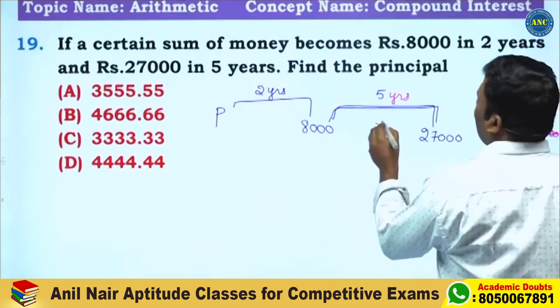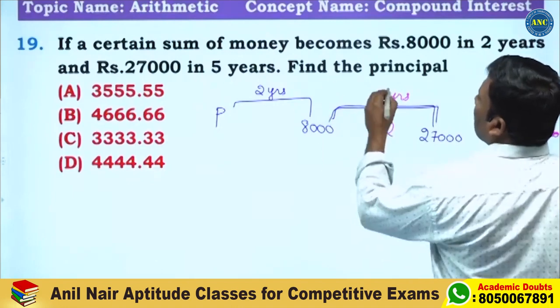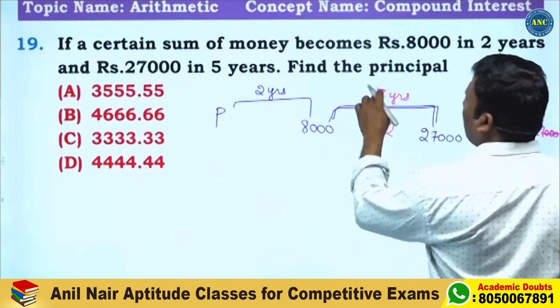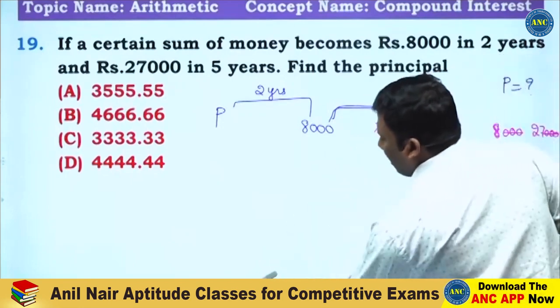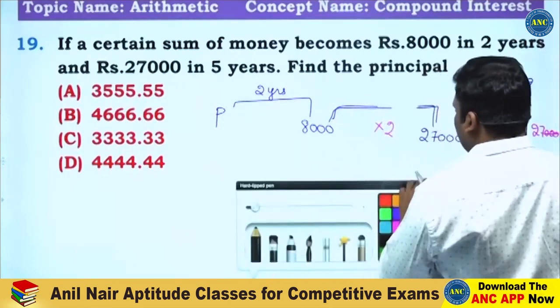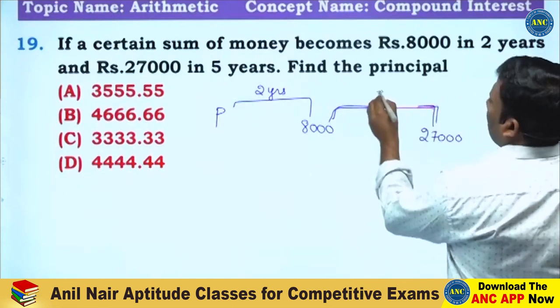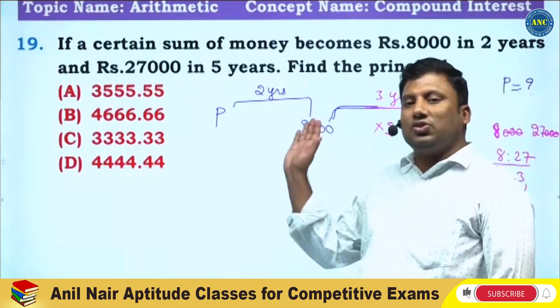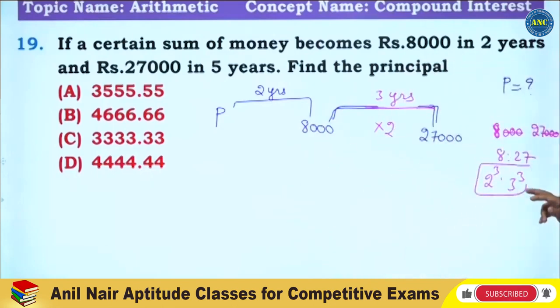So the scaling factor: after 5 years means this will become 3 years. I hope you understood the mistake which I wrote. It is becoming 27,000 after 5 years. 2 years we have taken, so this will become 3 years. Now it is 2 cube into 3 cube.